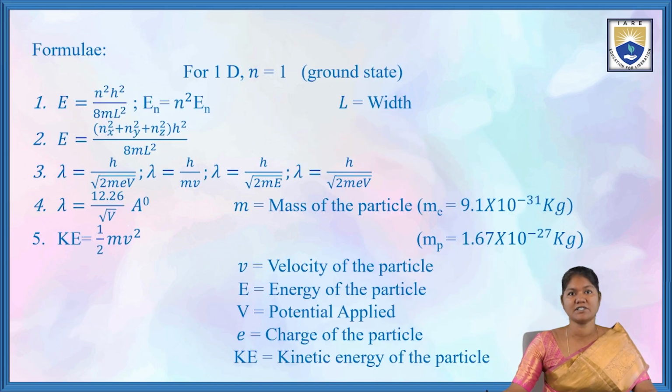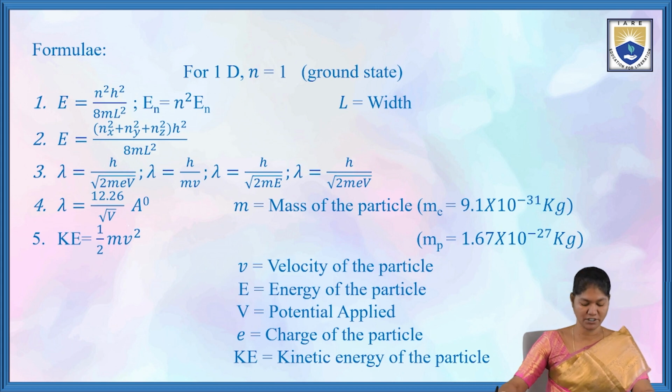First of all, we shall see the formulas related to quantum mechanics. The first formula is E equals n square h square by 8 m L square. For n equals 1, which is for one dimension, it means that the particle is in the ground state.